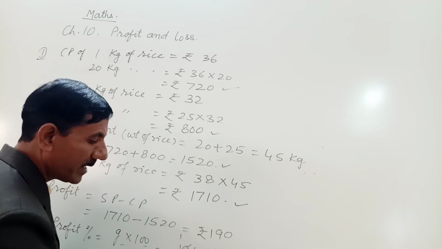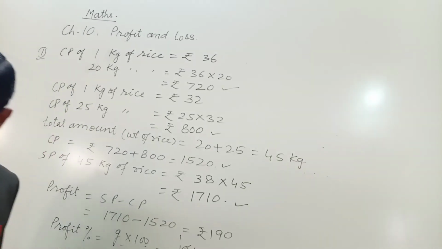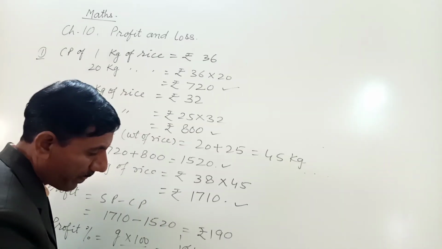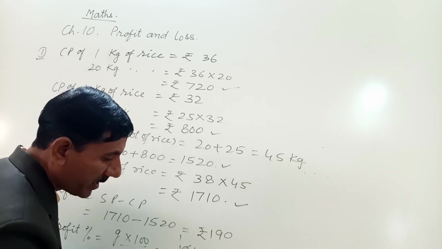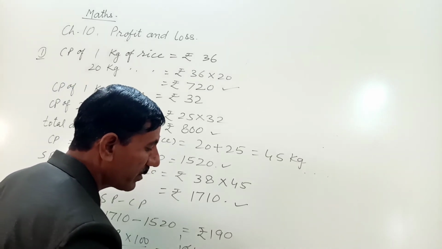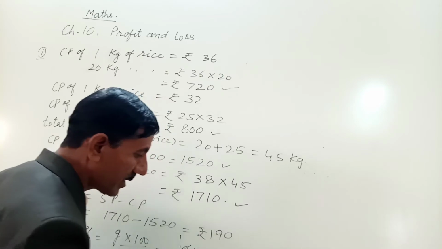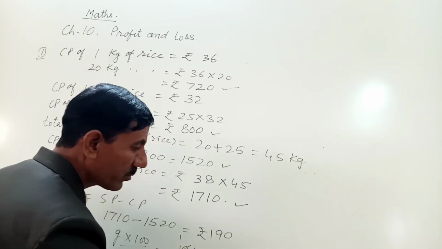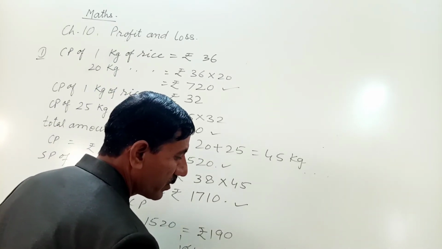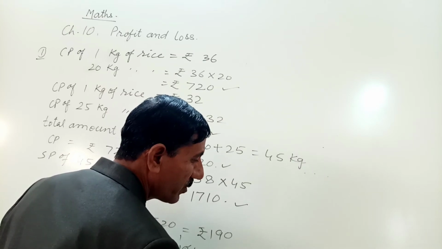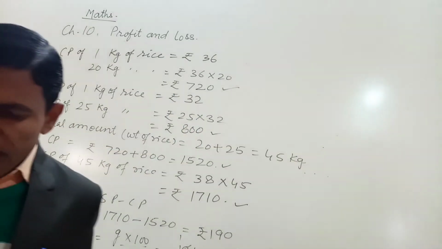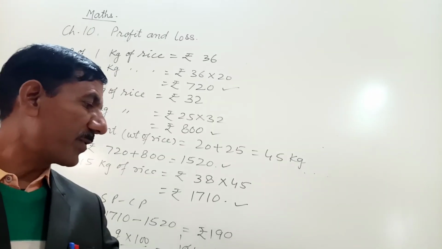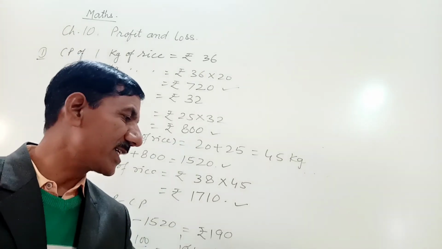Simplifying, we get 12 and 1 by 2%. So Hari gets the profit of 12 and 1 by 2%.